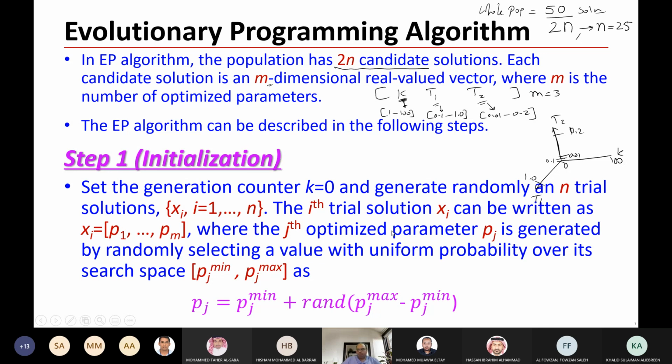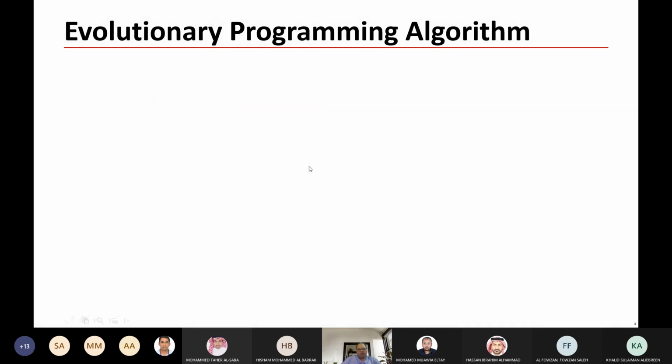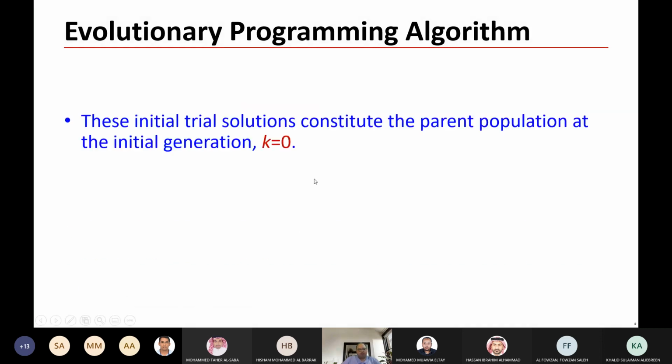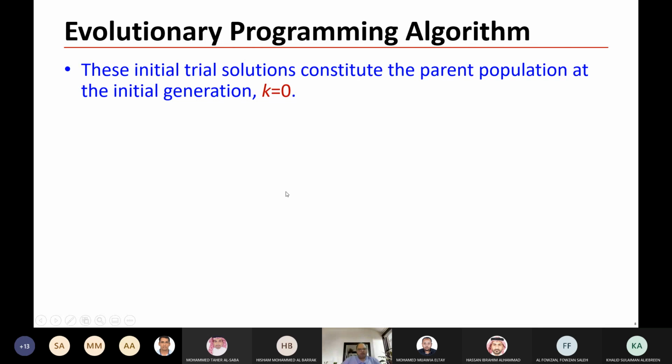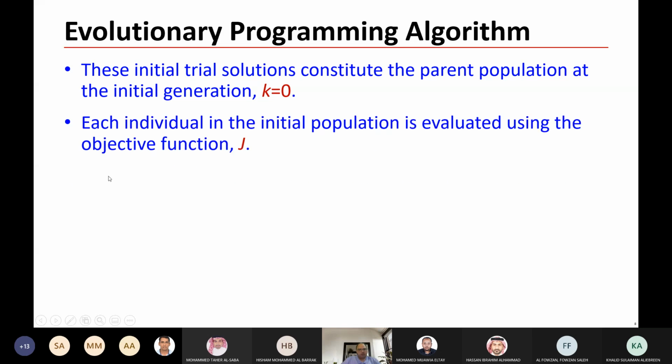Initialization step. You select randomly half of the population, and for this half of the population, you will implement the mutation step to create the other half of the population. These initial trial solutions constitute the parent population and the initial generation equal to 0.